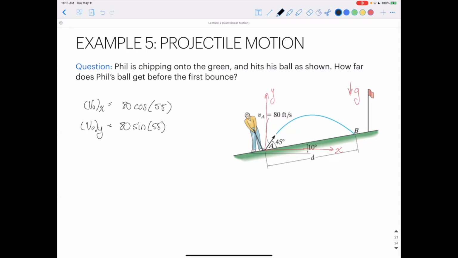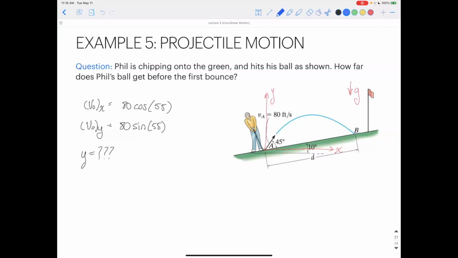So the other thing we needed to know to solve these problems before is the value of y. How can we figure this out? Well, y would just be the vertical rise of the ground at the point where it lands at point B. So we're going to find y as a function.